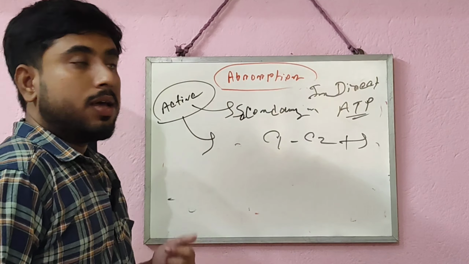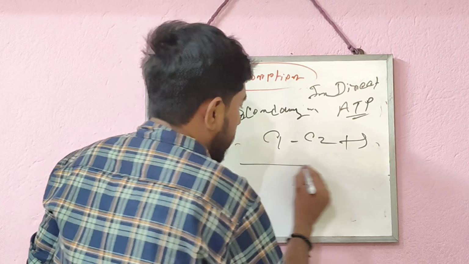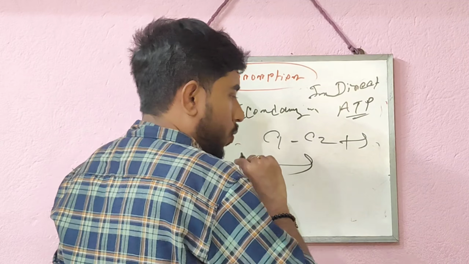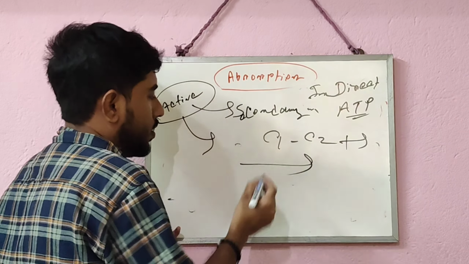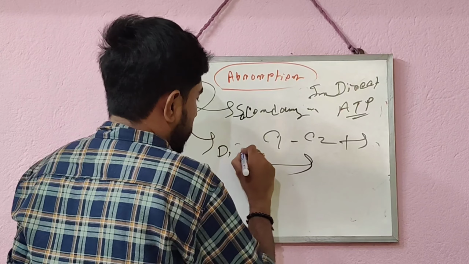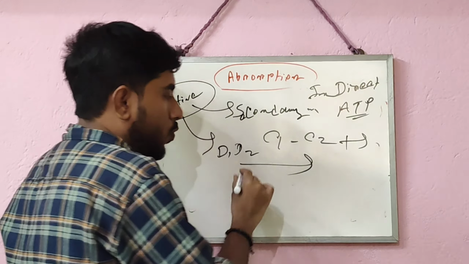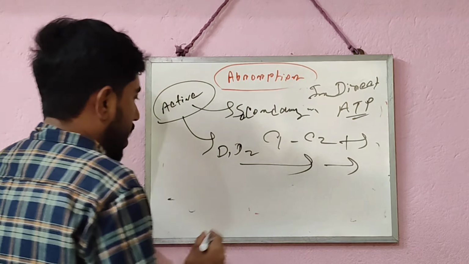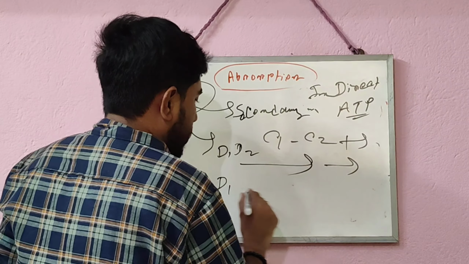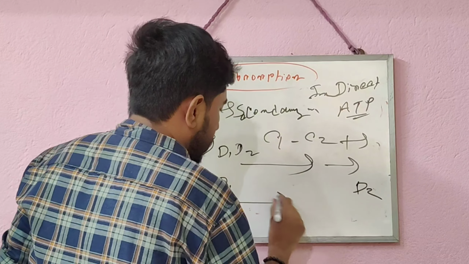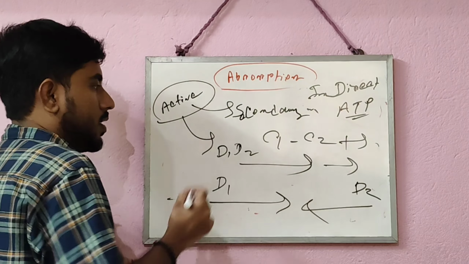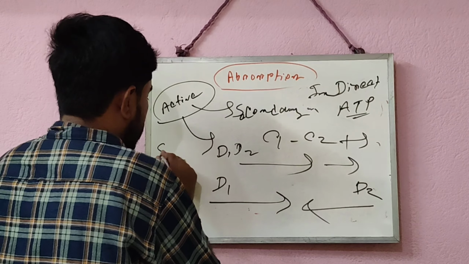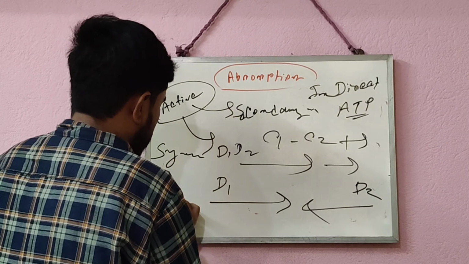In secondary, two ions can flow together in the same direction, and some drugs or molecules can move toward the opposite side. According to that, the secondary transport system is divided into two: one is symport and the second one is antiport.